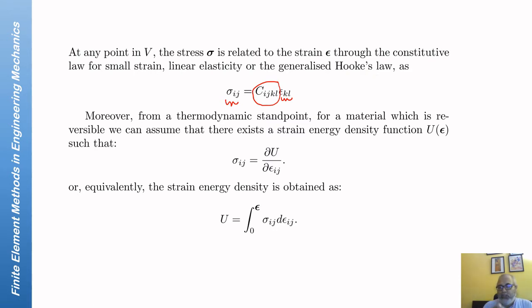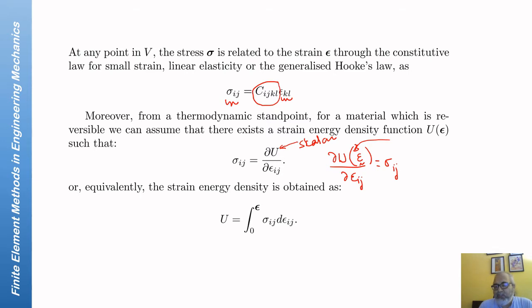So from a thermodynamic point of view, we can think of a scalar function called the strain energy density function, which is a scalar function of all the strain components, such that if you take the derivative of this with respect to epsilon ij, you get sigma ij. So the existence of such a scalar function is indicated from thermodynamics.